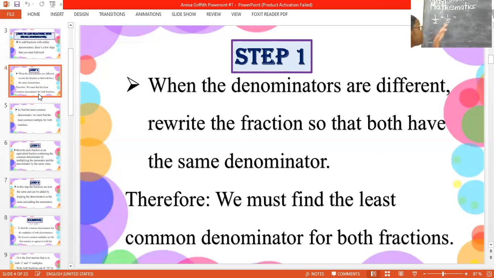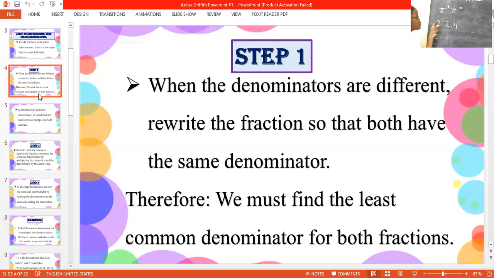And the first thing we must do is list the multiples of 2 and 5. Now, when you think about multiples, think about numbers that these numbers can be divided into without leaving any remainder. I'm going to give you an example. We have 2. 2 can be divided into 2 one time without leaving any remainder. Another number is 4.